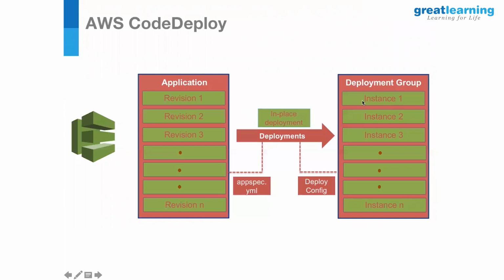For example, if you have a large distributed system, you might have a web tier, app tier, and database tier. So the web tier can be called one deployment group, where it will run the similar application. The application that gets deployed to a specific deployment group is the same. And what is a revision here?